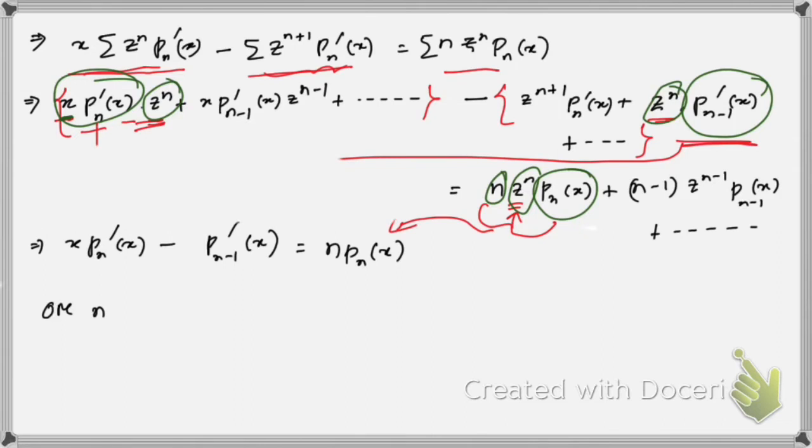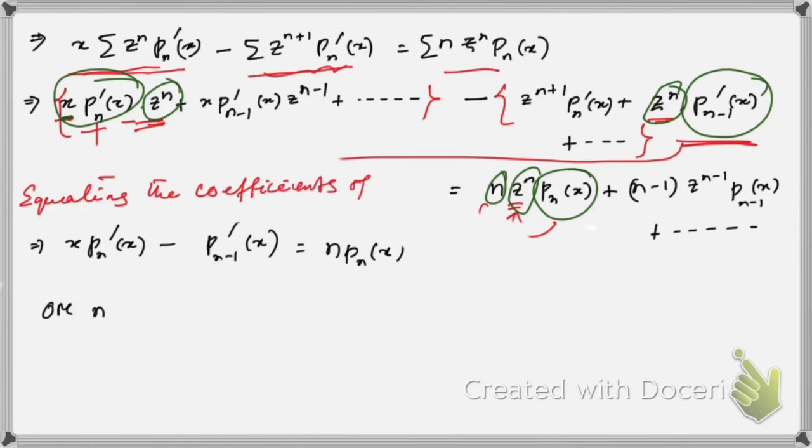So you can write here, equating the coefficients of z to the power n on both sides. So we have got this relation.